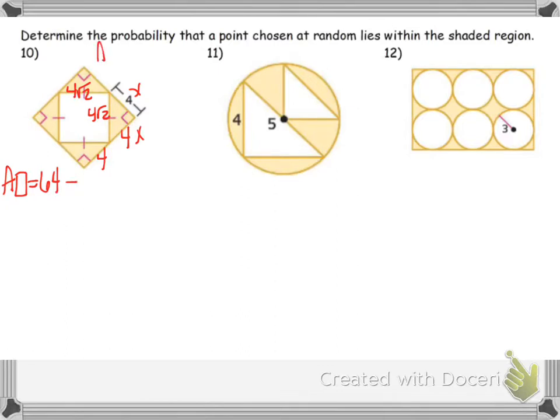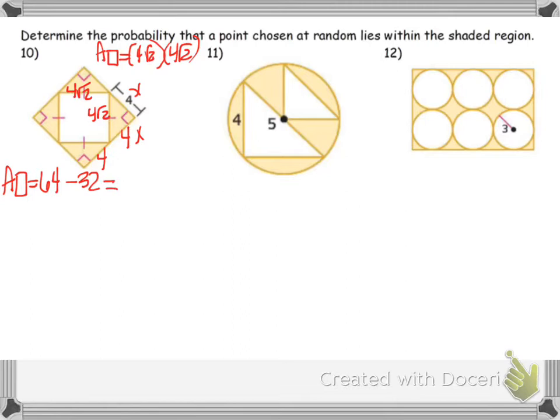Okay, the area of the small square, I'm going to write it up here, would be 4 root 2 times 4 root 2. So that would be 16 times square root of 2 times square root of 2 is 2. So 16 times 2 would be 32.